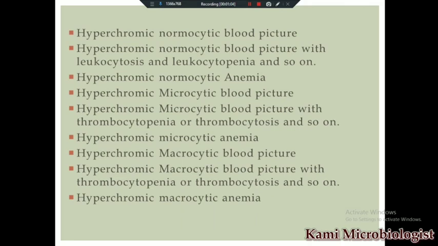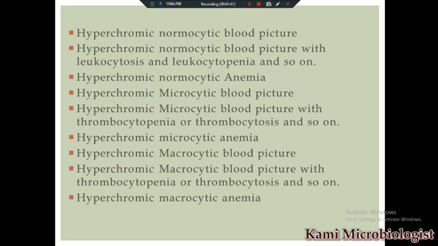Okay, next comment is hyperchromic normocytic blood picture with leukocytosis, leukocytopenia, thrombocytosis or thrombocytopenia, and so on. You give this comment when you see in the CBC report that the MCH and MCHC values are high and the MCV value is normal, and also the TLC is high, then we call it hyperchromic normocytic blood picture with leukocytosis.